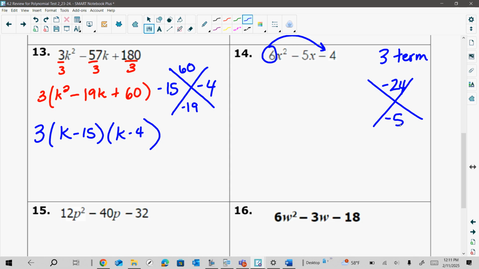And then we're looking for factors of a negative 24 with the sum of a negative 5. 3 and negative 8. Yep. So we're going to have x plus 3, x minus 8. And because we had that 6, we're going to divide by that 6.